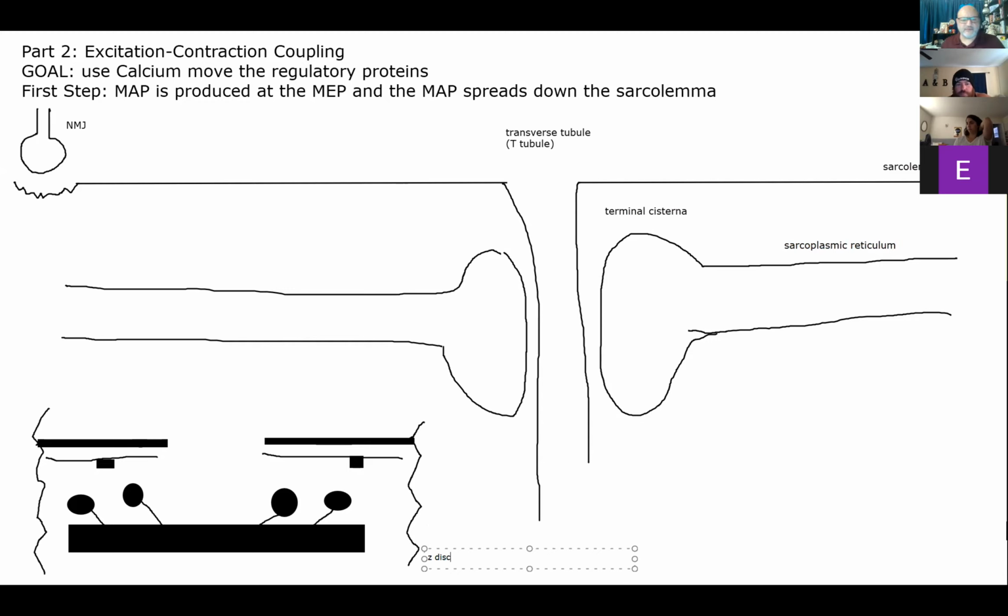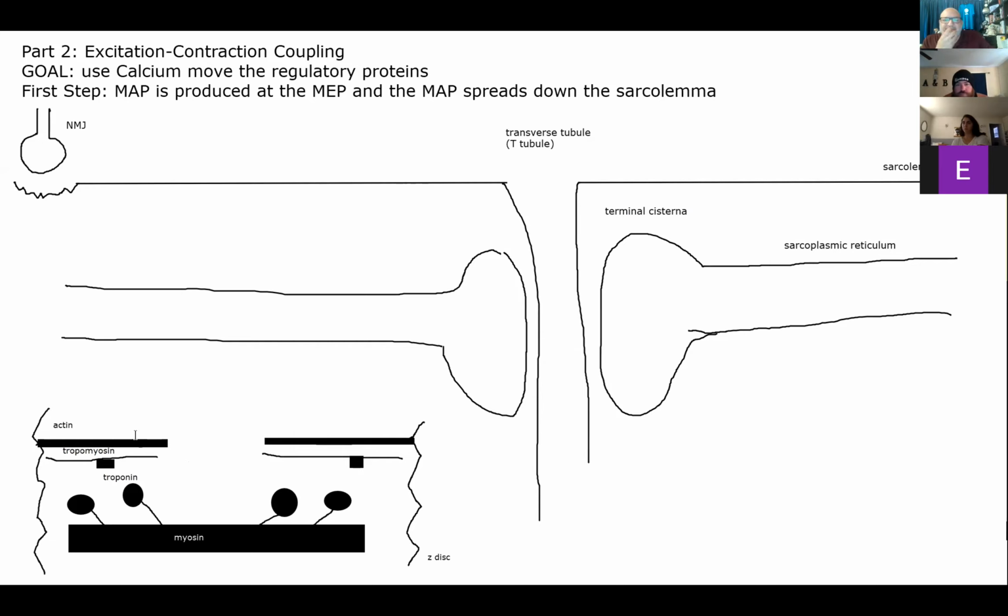Our Z disc, our myosin, our actin, our troponin, and our tropomyosin. I think that's everything. All right. And that's all the stuff that we know.